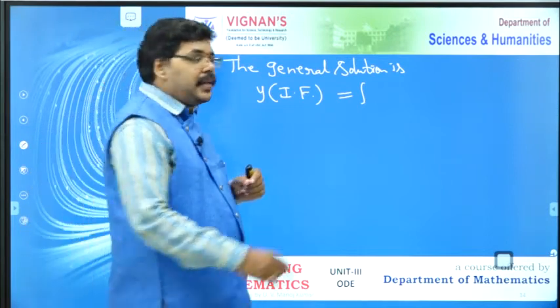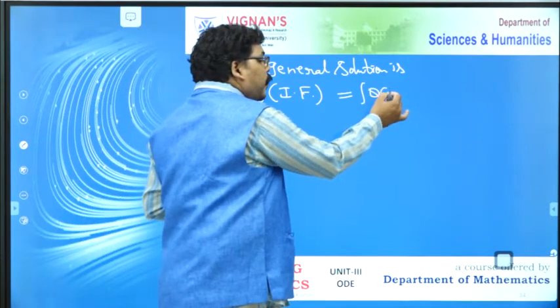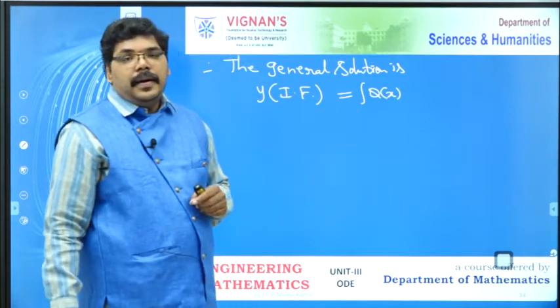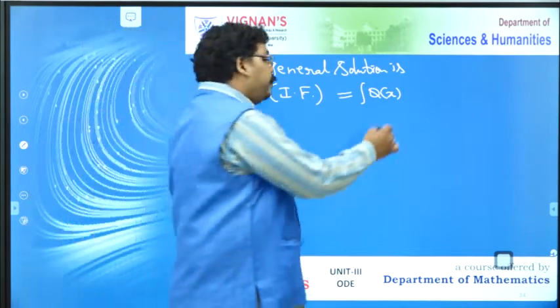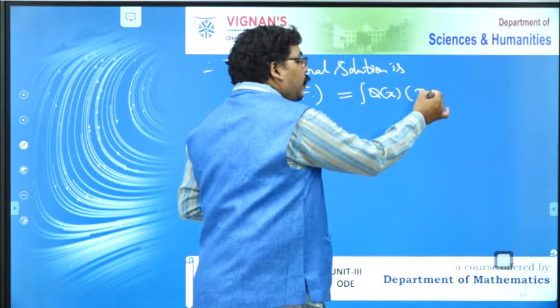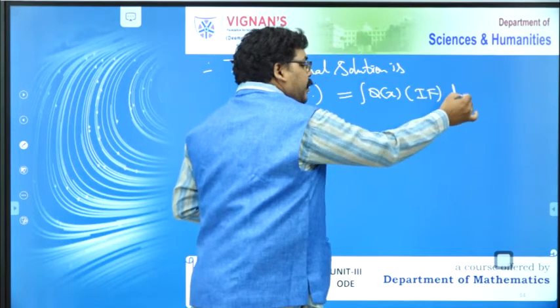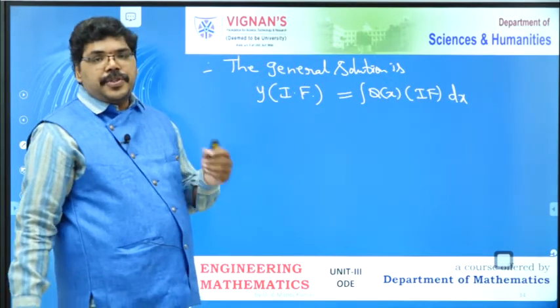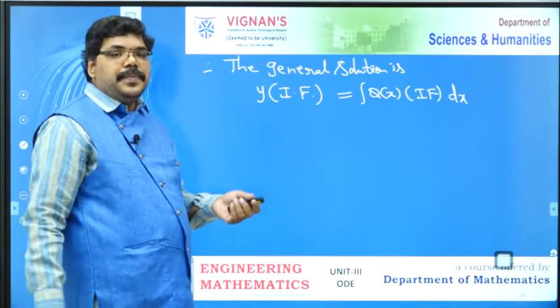What is the right hand side function? Q of x into integrating factor dx. So substitute the integrating factor and simplify.